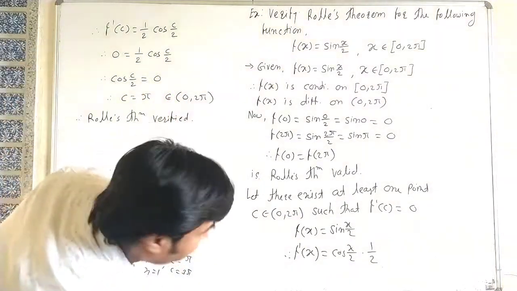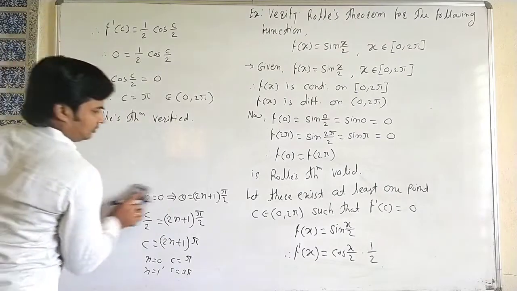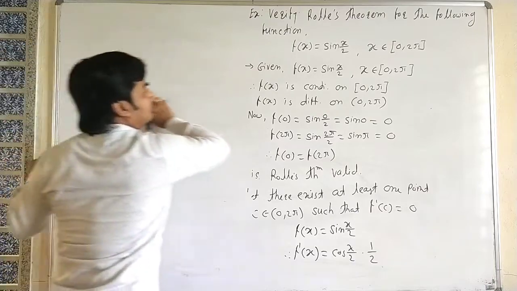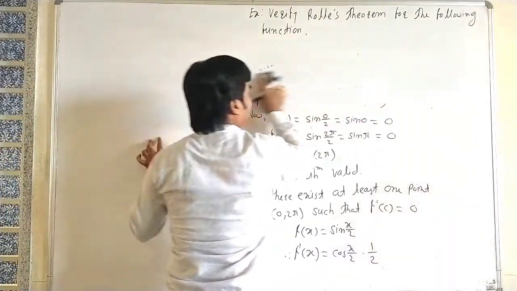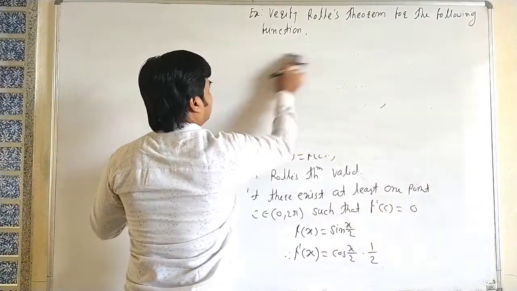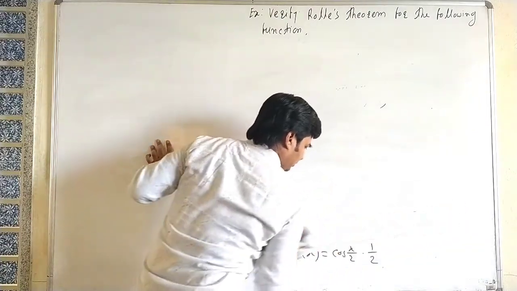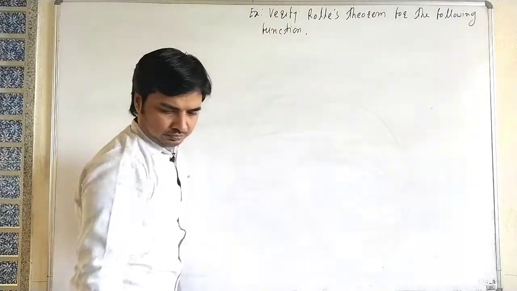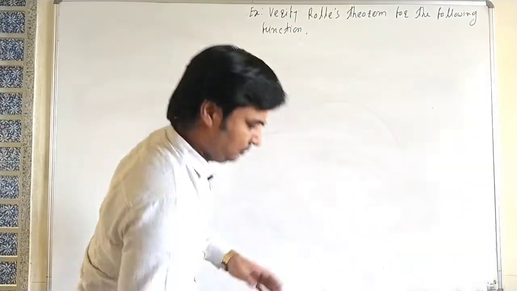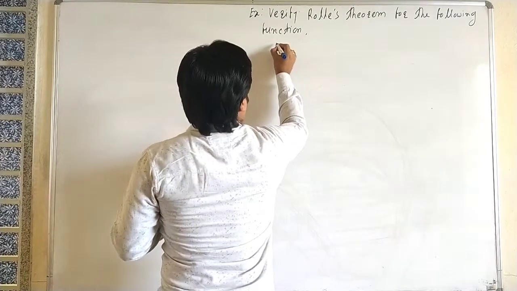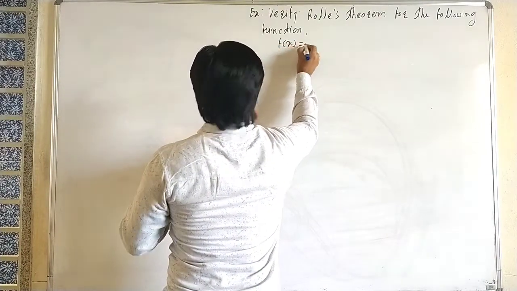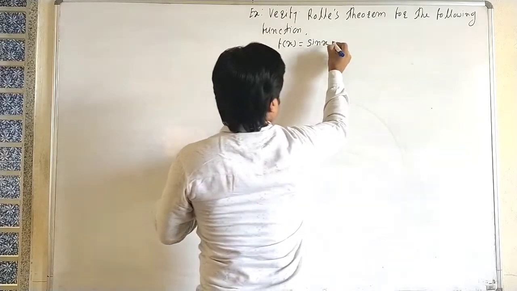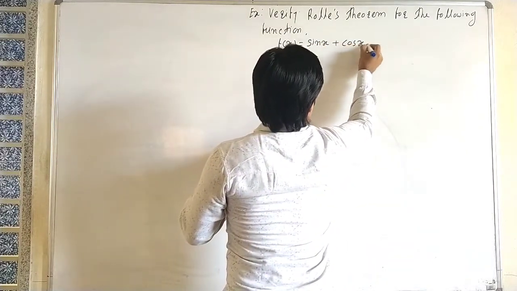Now next example. Here f(x) is equal to sin x plus cos x plus 7.